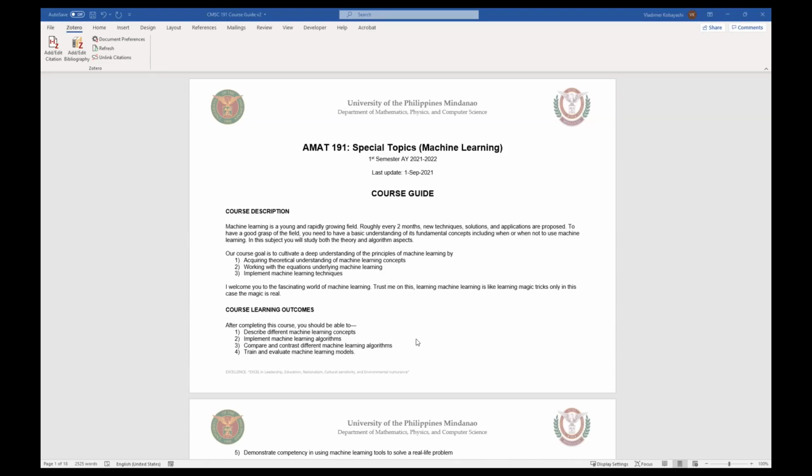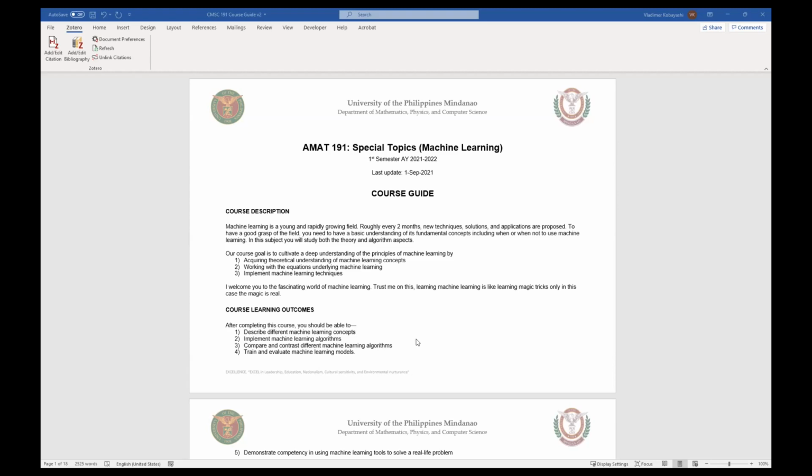So I chose machine learning because it's really a hot topic nowadays. And one of the possible opportunities for AMAT is to work in companies that involve modeling, statistics, data analytics, and also machine learning.